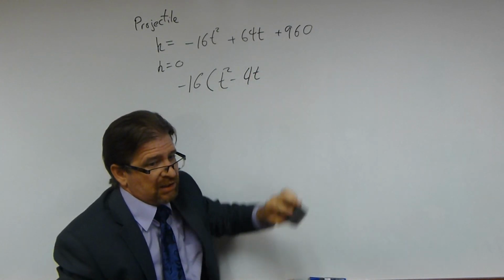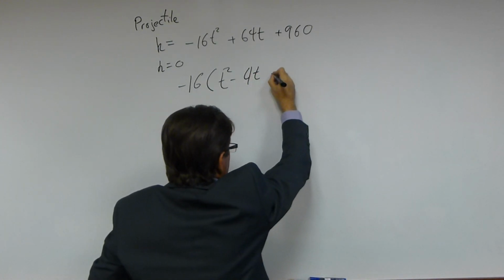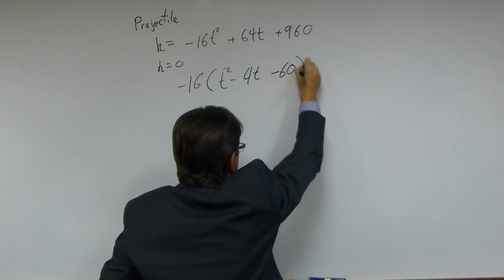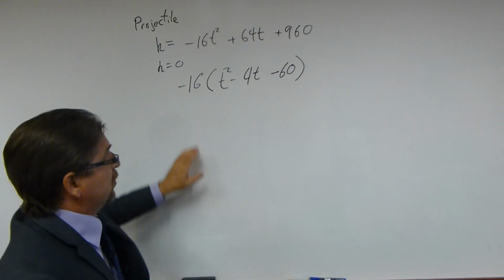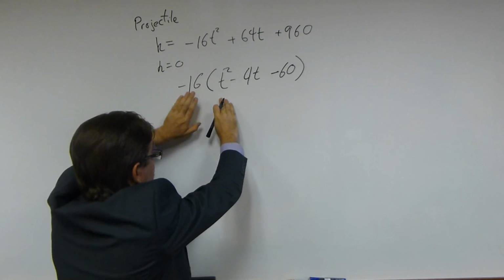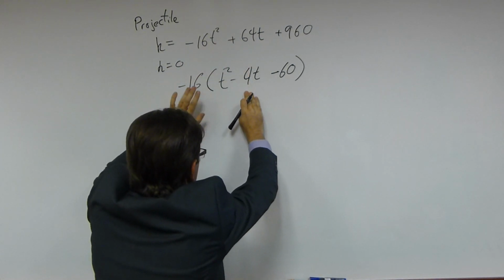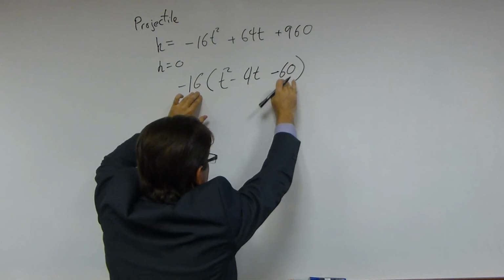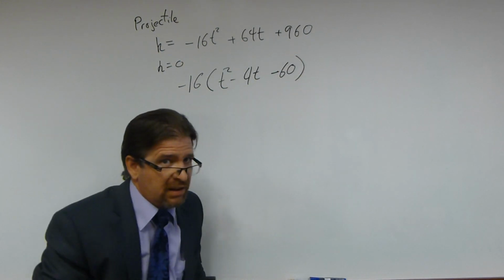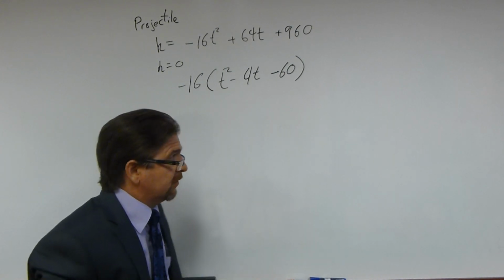This one right here, I had to check my calculator. This was minus 60. Okay, so negative 16 times negative 4, 64. Negative 16 times negative 60, positive 960.